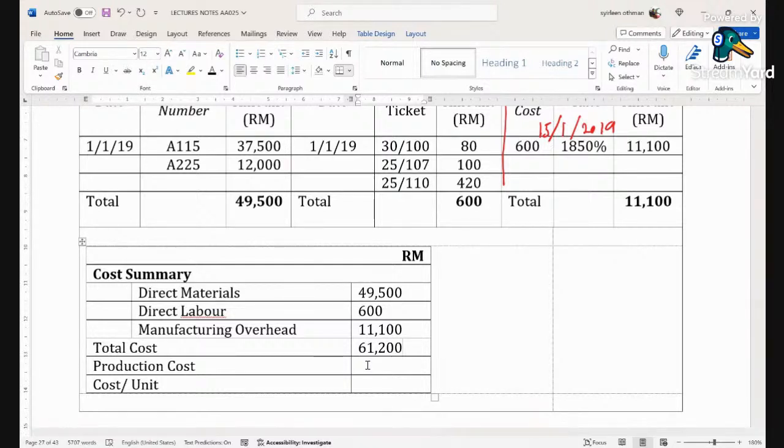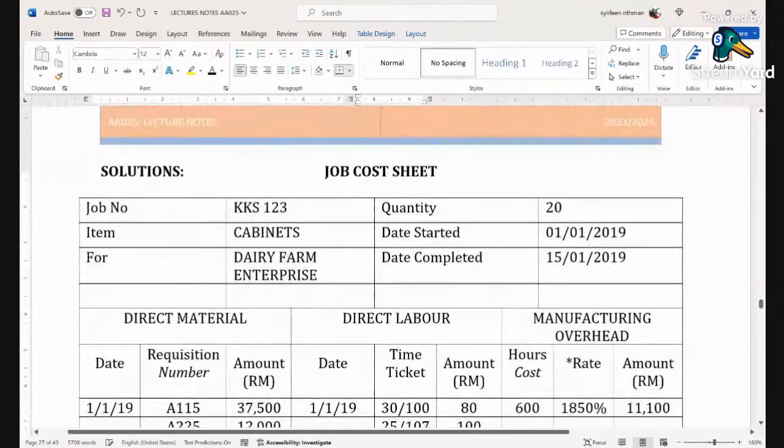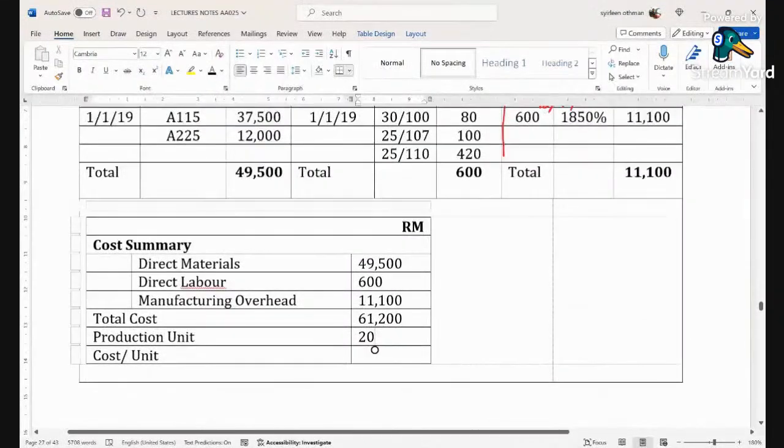Okay, so production unit actually. Okay, this is not the production cost. Okay, so the production unit is actually 20 kan? Kita buat kabinet tadi 20 unit saja. Betul. Alright. Okay, let me get back to the question. Quantity ialah 20. So how much is the cost for one cabinet?